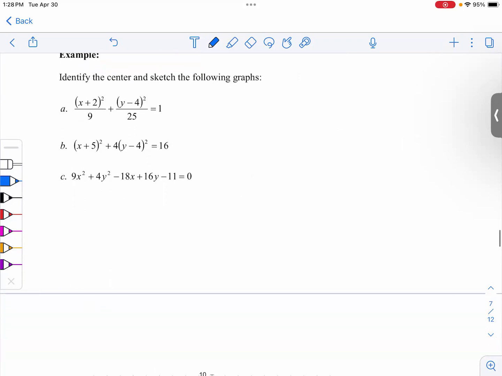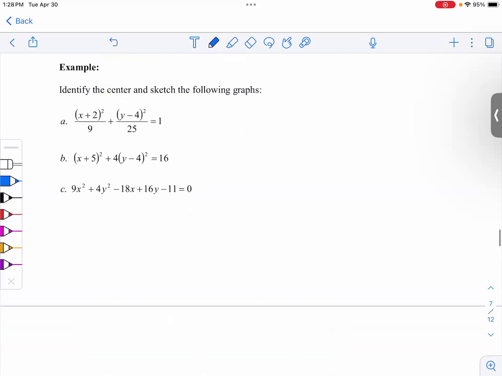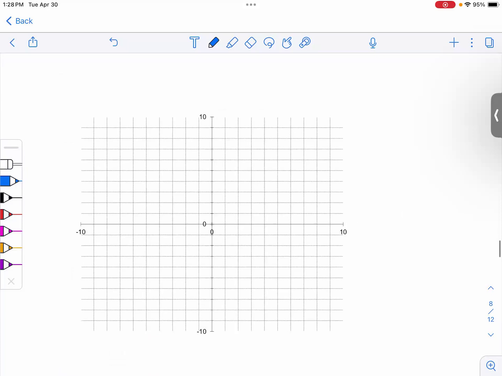So mostly what I want us to be able to do is recognize the standard form.